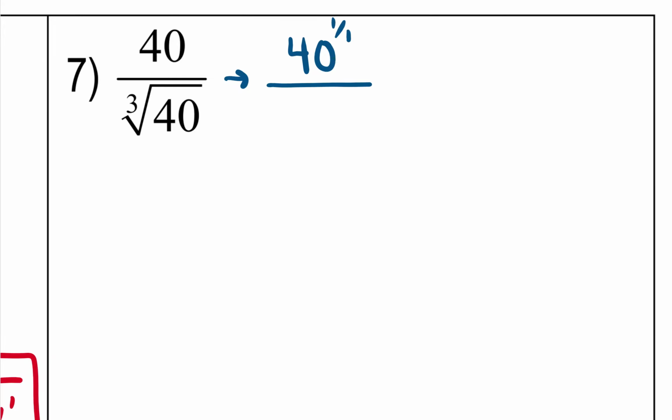Now, divided by, I'm going to rewrite this one, so 40, and again, no exponent is 1, and my index is 3. Notice these denominators are not the same, so I have to make them the same. I can multiply this top one by 3 over 3. That would make the denominator 3, which is already what the second one is.